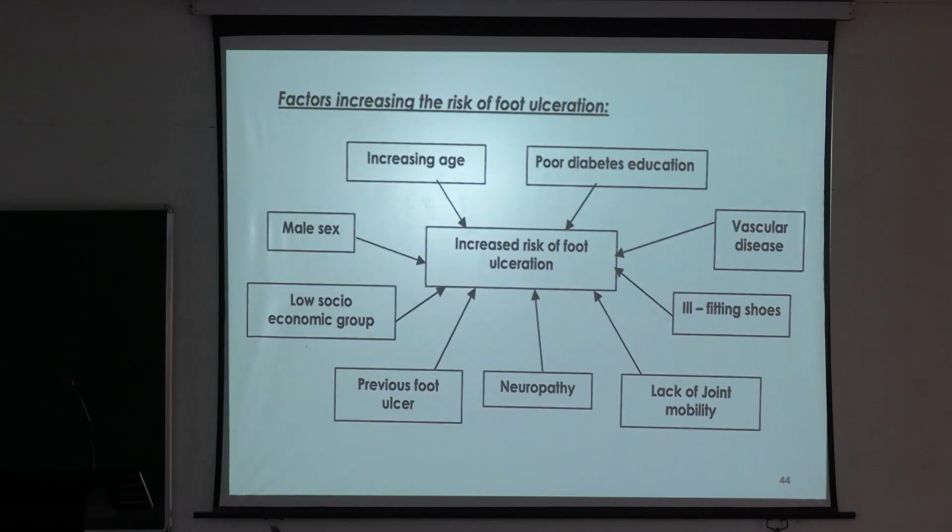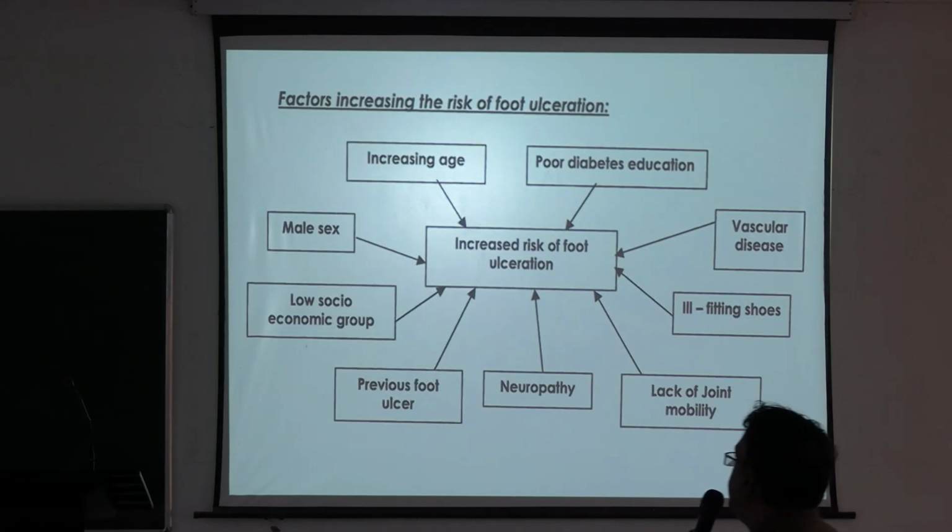Now, foot ulceration is a big thing. Okay. So, these are a few factors which increase foot ulceration. First is increasing age, poor diabetic education, vascular disease, ill-fitting shoes, lack of joint mobility, neuropathy, previous foot ulcer, low socioeconomic group, and male sex.